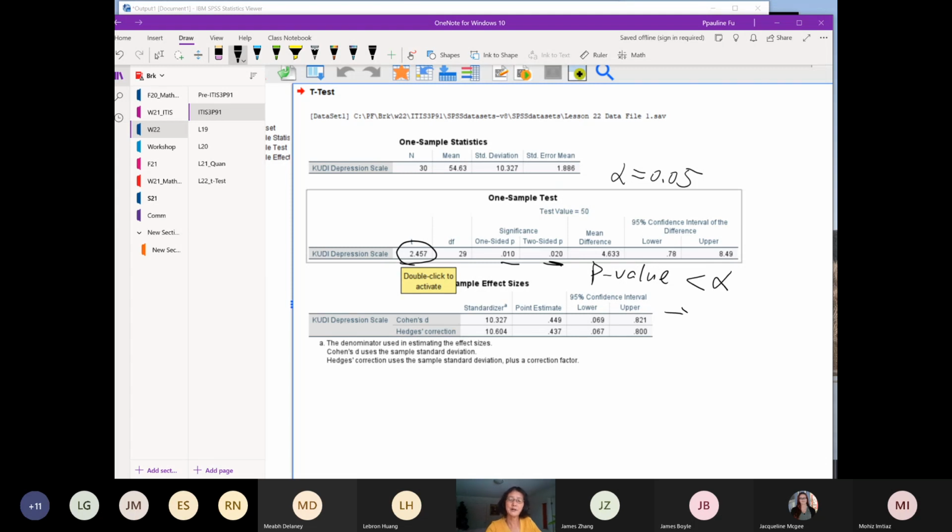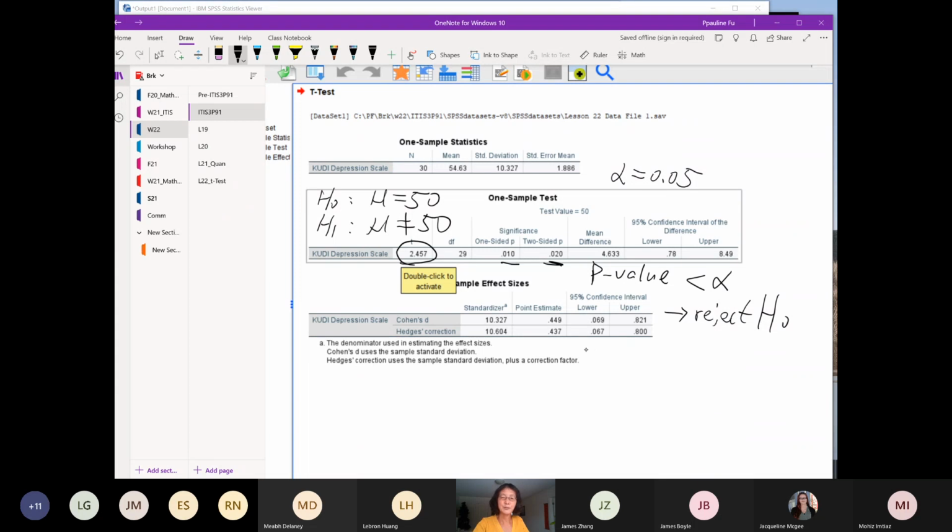When p-value is smaller than alpha, you reject H0. So what is our H0? H0 says population mean equals 50. The alternative hypothesis says population mean is not equal to 50. Okay, since our p-value is smaller than alpha, we reject H0.